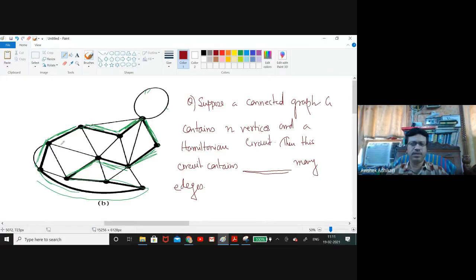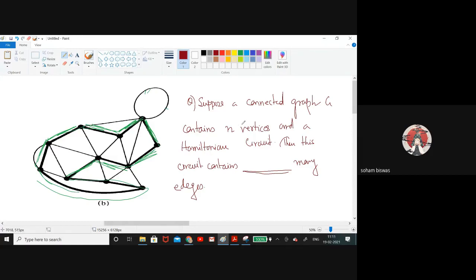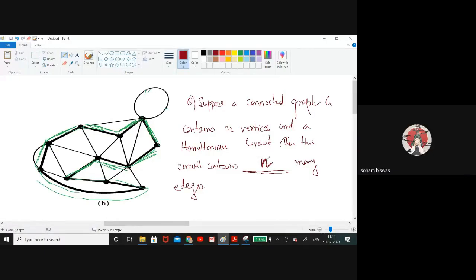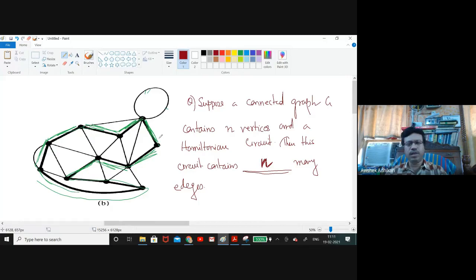Sir, is it the same number of vertices as the number of edges? Exactly. So if this has a Hamiltonian circuit, then the number of edges in that Hamiltonian circuit will be exactly n. So the length of this circuit will be n. So how many edges will it contain?